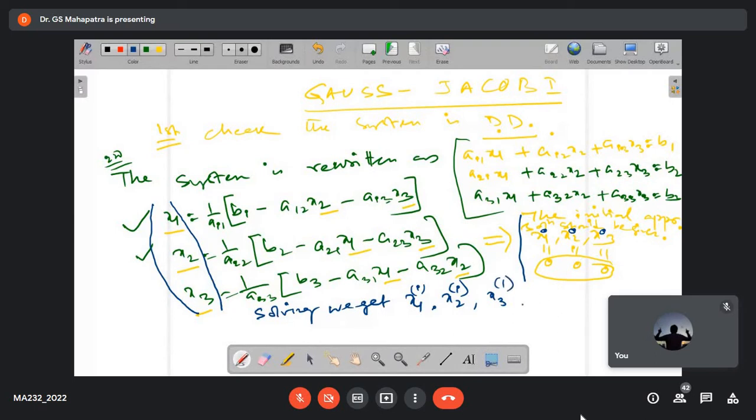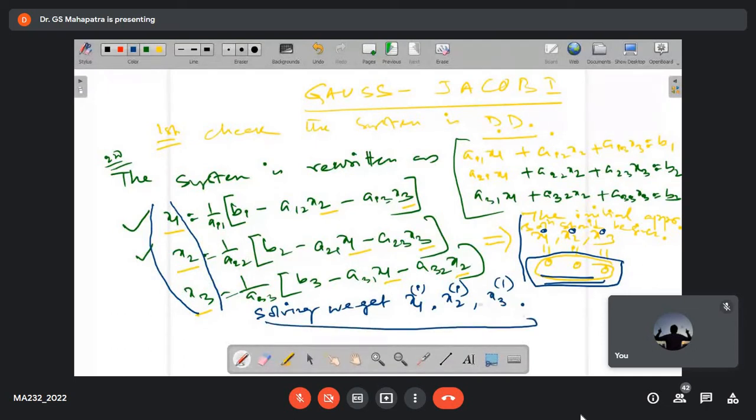Any doubt? The initial given approximate solution is 0, 0, 0. If we put 0, 0, 0, you just see b1 by a11, b2 by a22, and b3 by a33. If it is non-zero, then some other particular value you will get. After that, if you solve it, you will get x1, x2, x3.